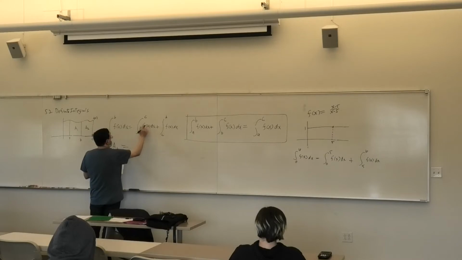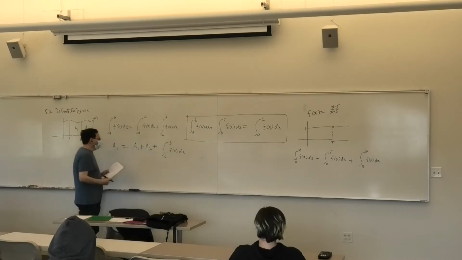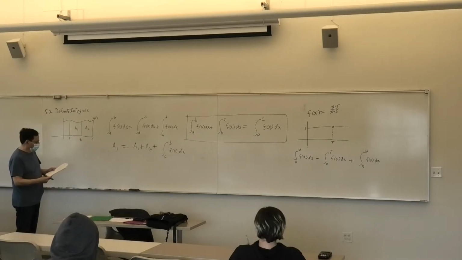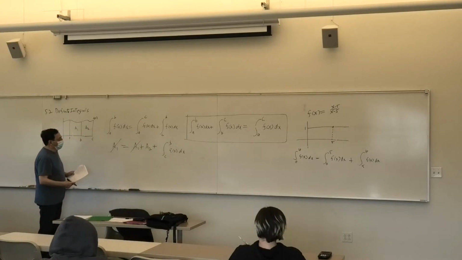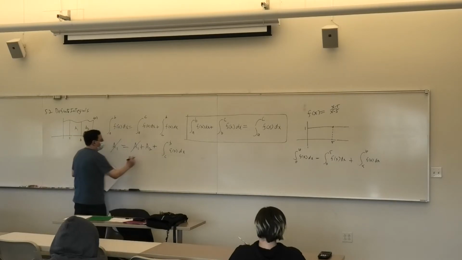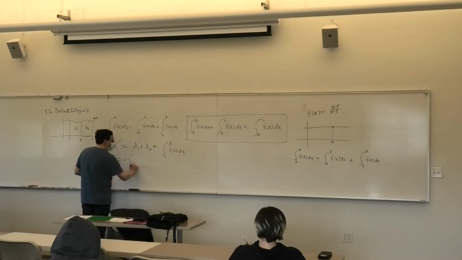It's equal to AC, that's A1 plus A2 plus C to D. We can subtract A1 from both sides and subtract this, and we're going to get that A2 is the negative integral from C to B of x dx.